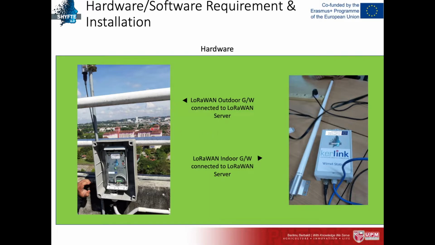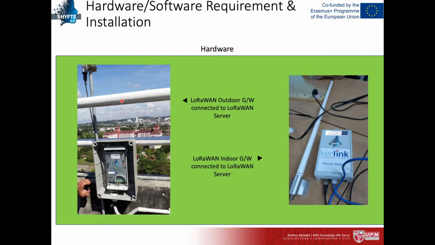But if you are looking at a very wide or large area of deployment, for example here, the first picture shows the outdoor gateway. This outdoor gateway can cover the surroundings of UPM. We place the outdoor gateway on top of our rooftop. This gateway can cover up to 10 kilometers with line of sight.